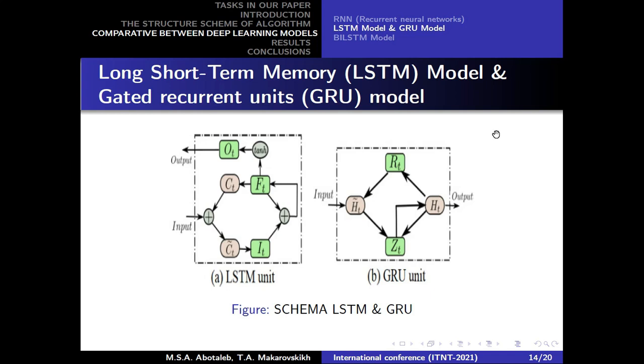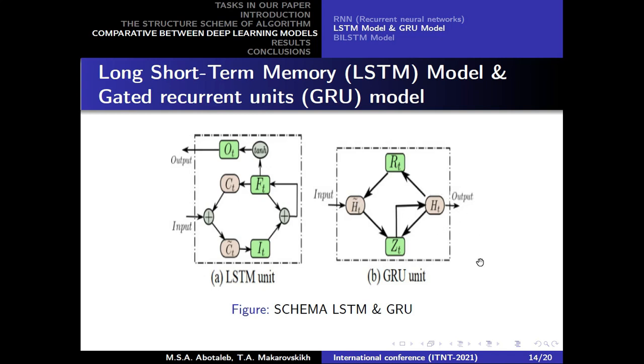The update gate provides the quantity of previously kept memory, and the reset gate ensures the way of combination between actual new inputs and the previous memory. So here GRU units. Update gates, Z of T, and reset gates, R of T, and cell state, here set state, and the new state.